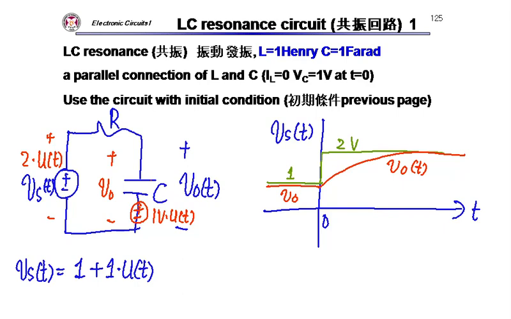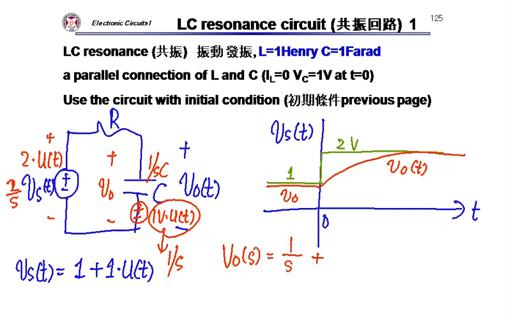If I use my Laplace transform here, this thing should be 1 over s, right? So my Vo(s) is just this 1 over s plus the voltage across this zero initial condition capacitor. That's only what I know: the voltage drop between here and there is 1 over s times the impedance divider.